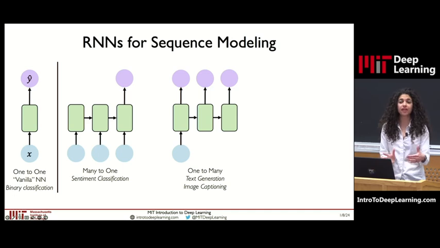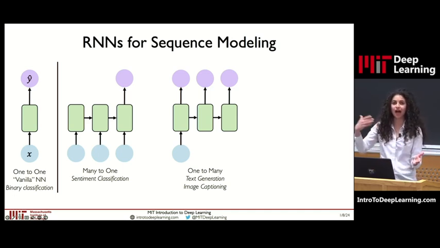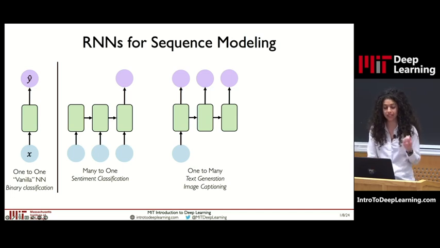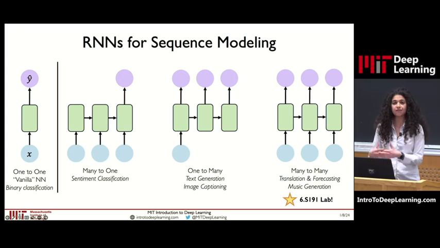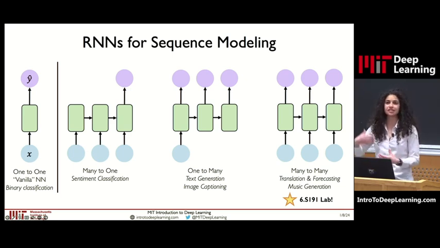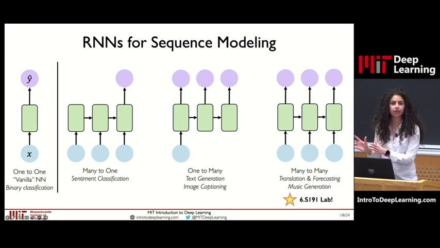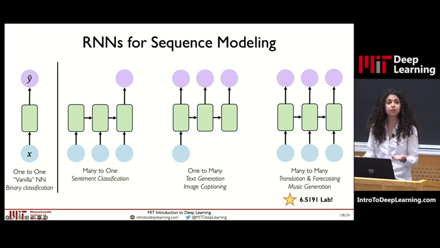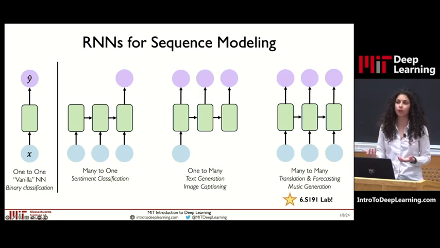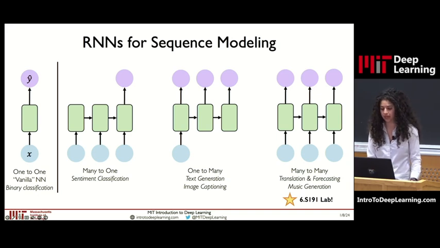We can also think about taking a single input and generating outputs at individual time steps. And finally, doing the translation of sequence input to sequence output. You'll get hands-on practice implementing and developing a neural network for this type of problem in today's lab, the first lab of the course.